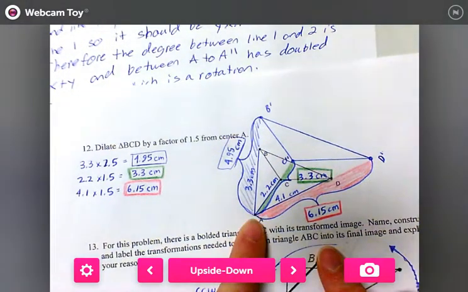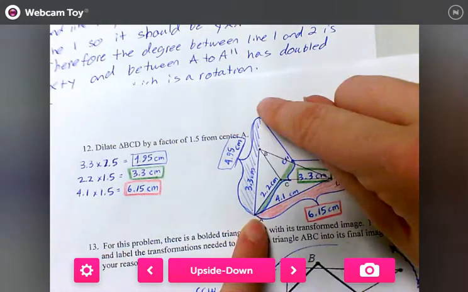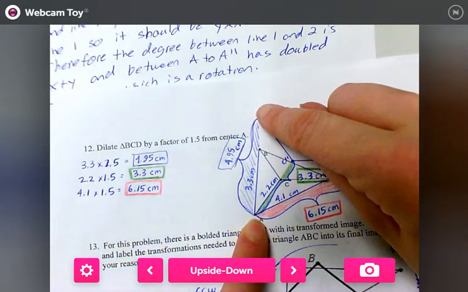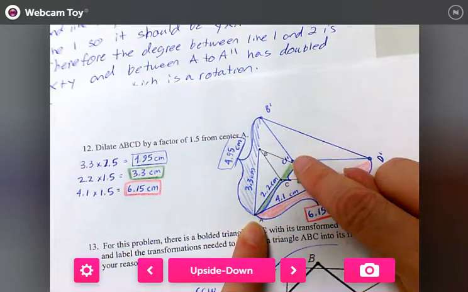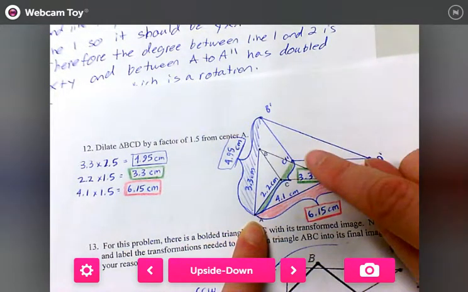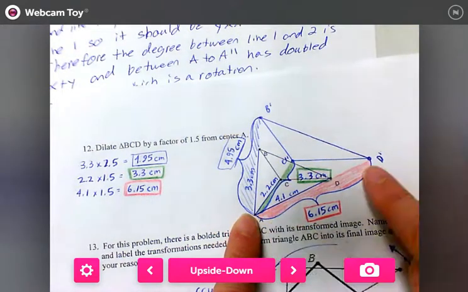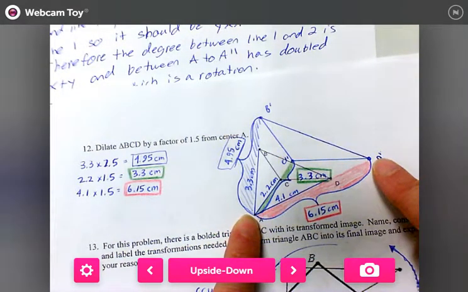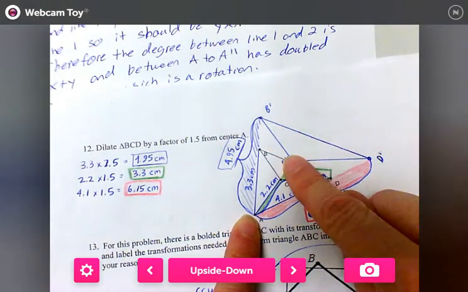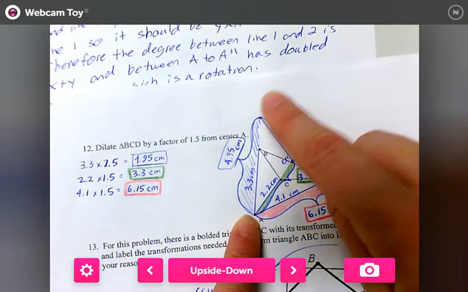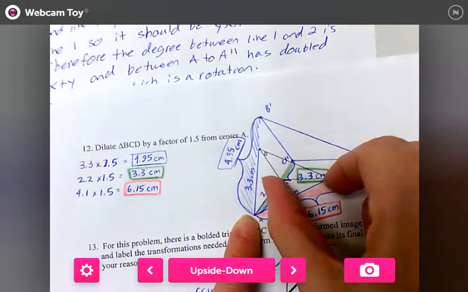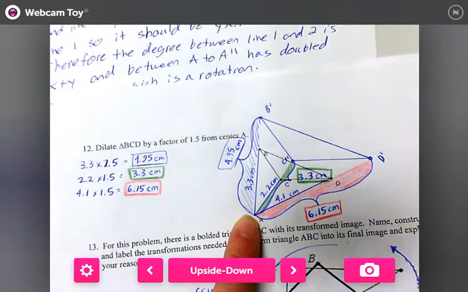So now, between A and B should be 4.95. Between A and my new C, or C prime, should be 3.3 centimeters. And between A and D prime should now be 6.15. And we could always double check by measuring one side of this triangle to one side of the original, and it should be 1.5 times as big.